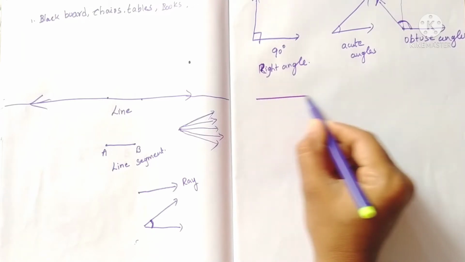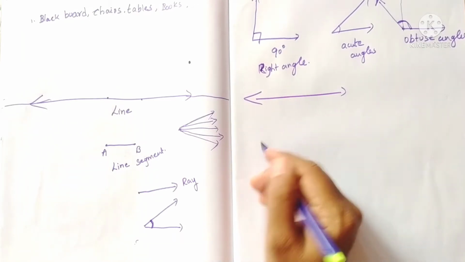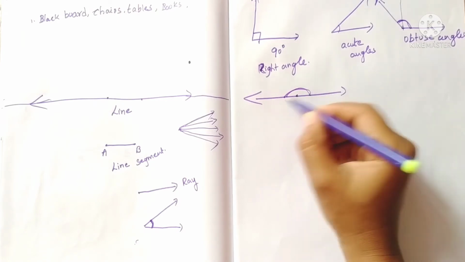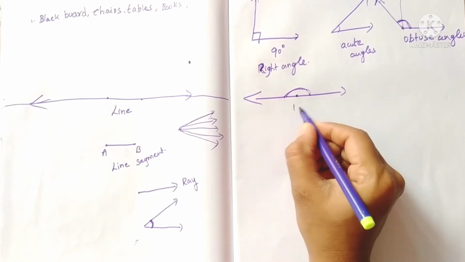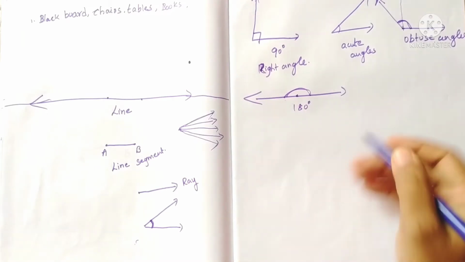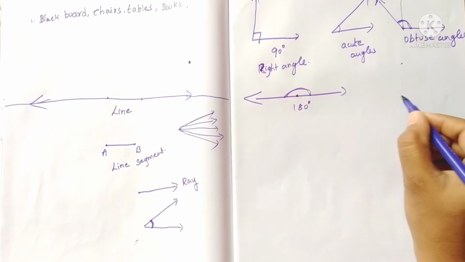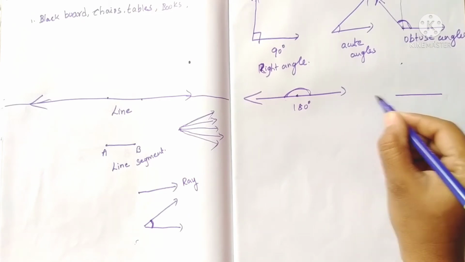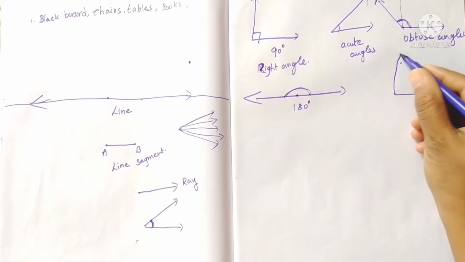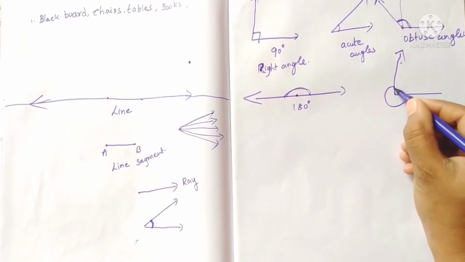And if an angle is like this, it is a straight angle. A straight angle is 180 degrees. And if I draw like this, what is this angle?